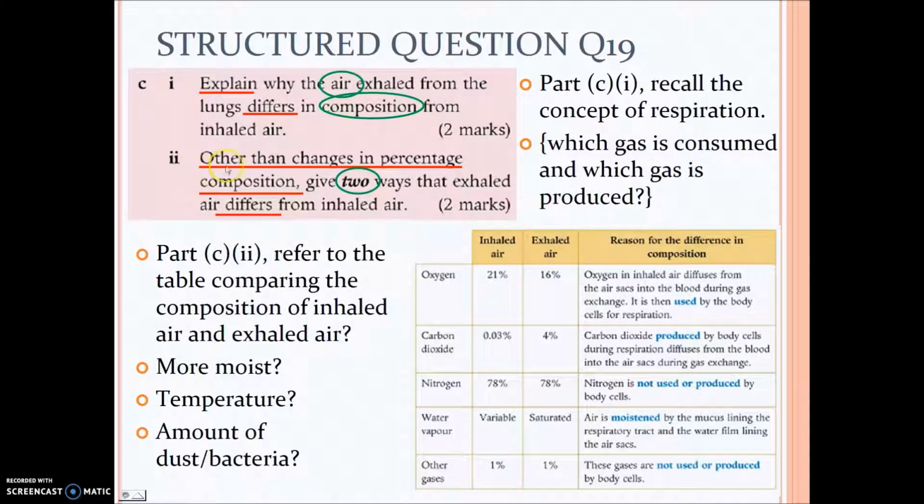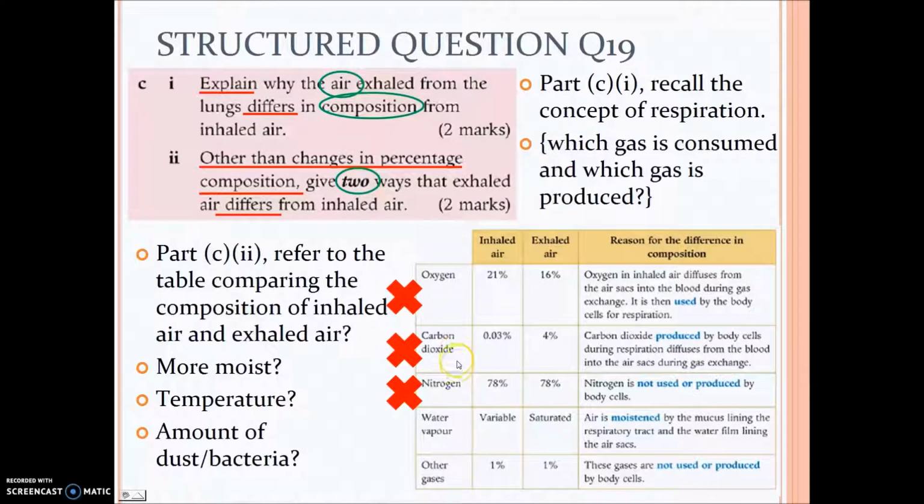And for part 2, other than changes in percentage composition, give 2 ways that the exhaled air differs from inhaled air. In this question, I want you to know that some questions will limit your answer. For example, here, other than changes in percentage composition, so you cannot just copy the table because some of it is percentage composition.